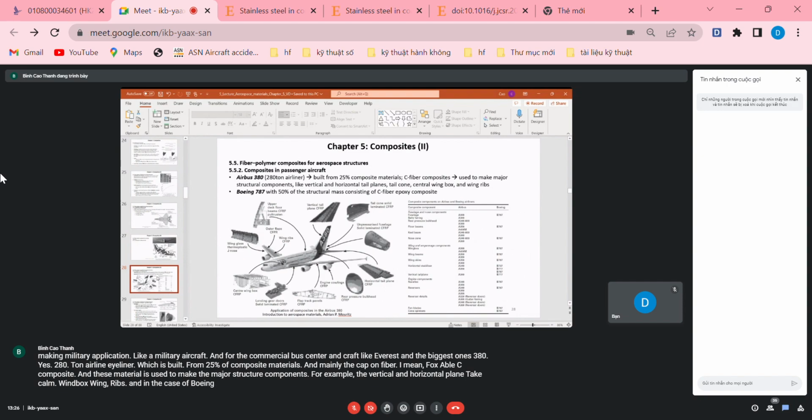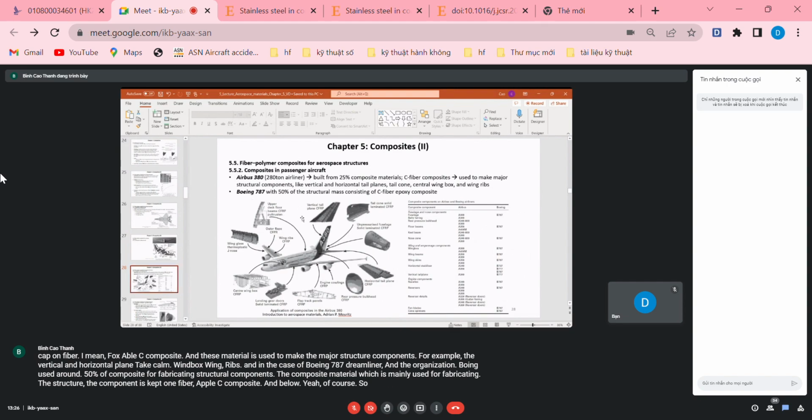In the case of the Boeing 787 Dreamliner, Boeing used around 50% composite for fabricating structural components, and the composite material mainly used is carbon fiber epoxy composite.